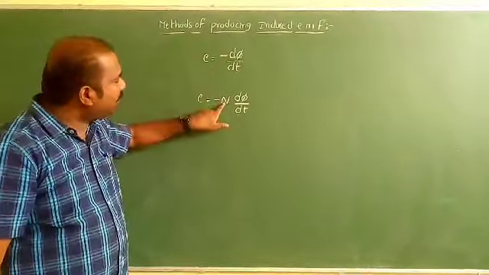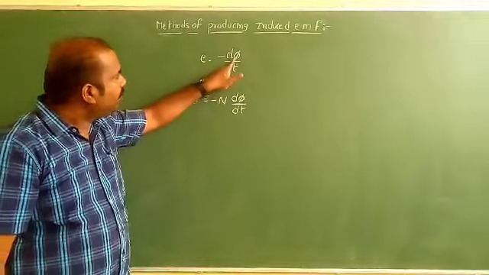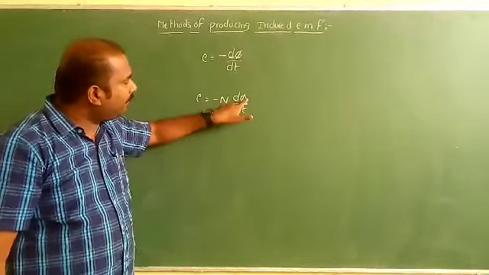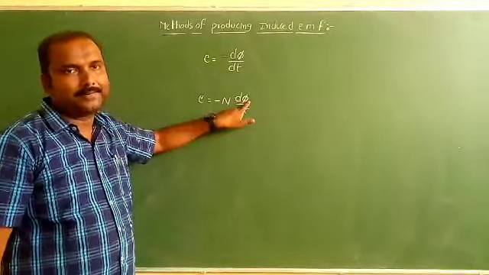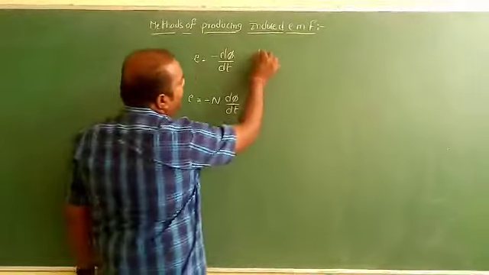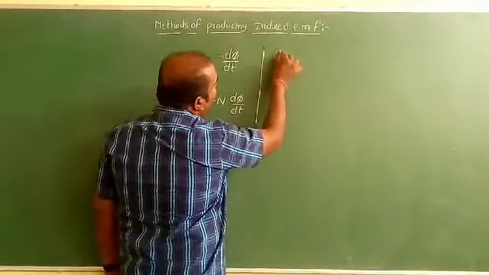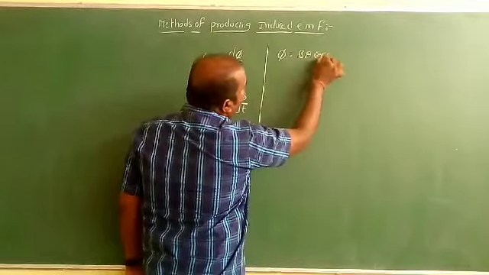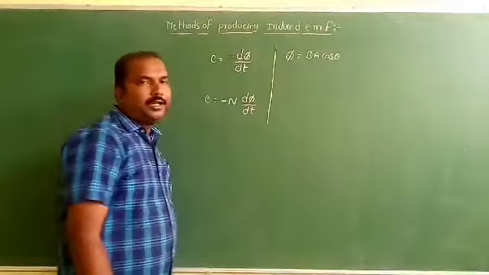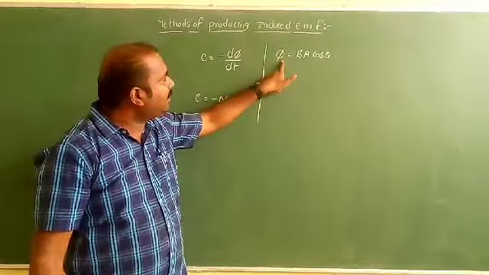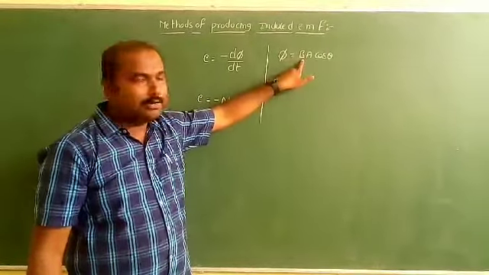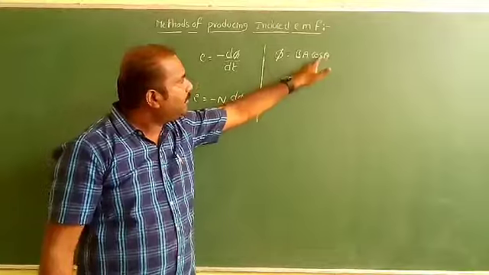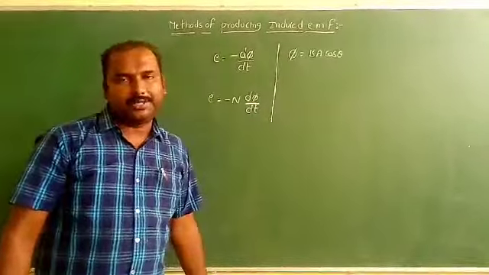Induced EMF depends on the number of turns. Induced EMF depends on flux, magnetic flux. Again, the magnetic flux depends on Φ is equal to BA cos θ. That means the magnetic flux depends on the B value, area and θ, that means orientation.